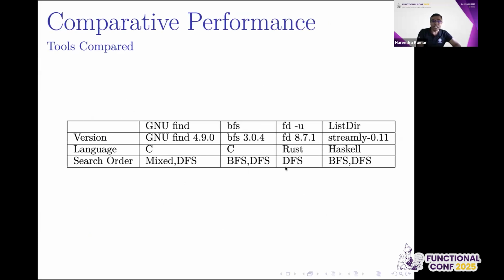Now, list-dir there is the Haskell program. FD does only DFS. BFS does BFS and DFS both. Find does mixed and DFS. List-dir can do BFS and DFS, but we'll use the best mode of each one of them. They are kind of similar on this data set.